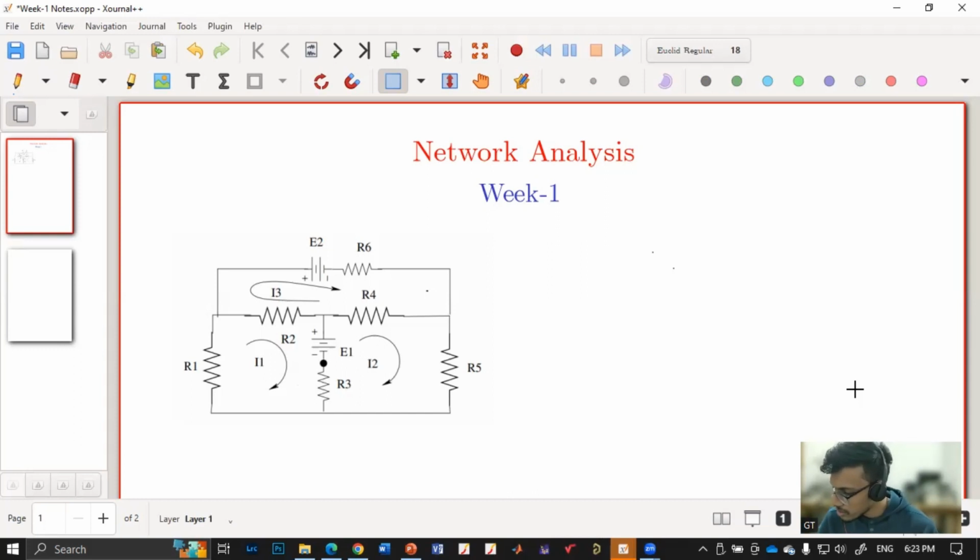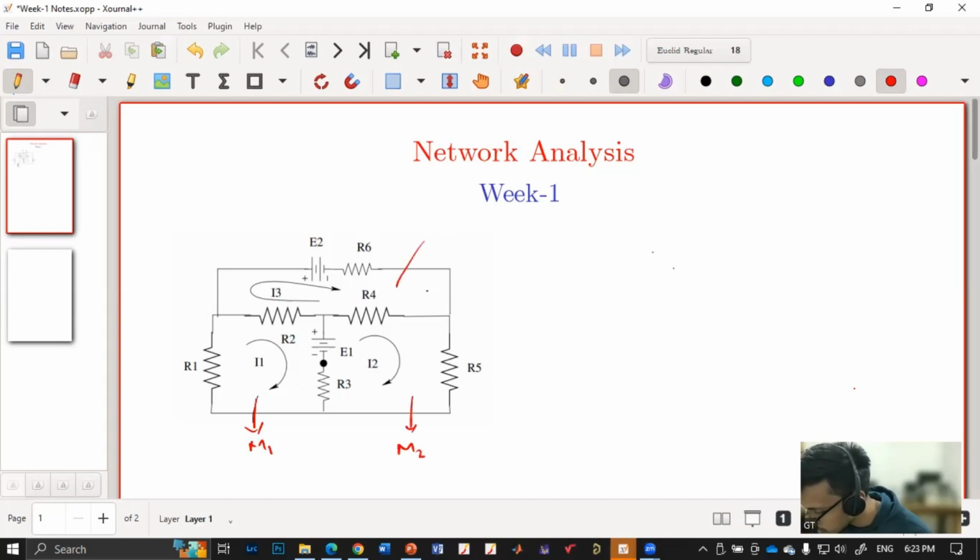Okay, so here we have 3 meshes. Say this is mesh 1. Okay, let me use a different color. Say this is mesh 1, and this is mesh 2, and this is mesh 3. So can someone tell me, if we apply Kirchhoff's voltage law in mesh 1, what will be the equation? Say we have considered from this point.